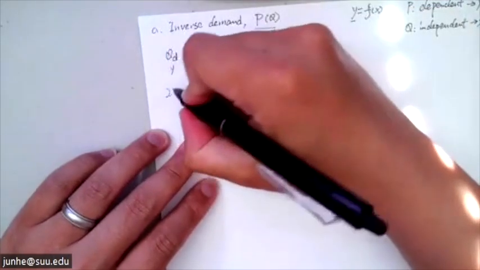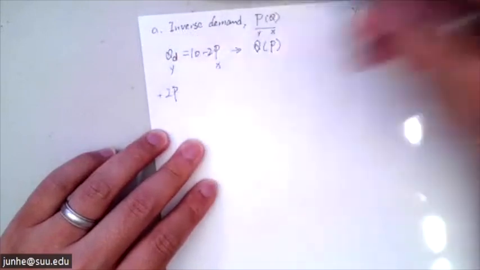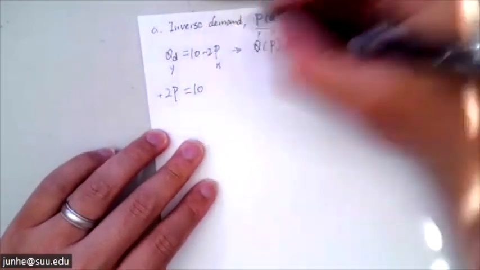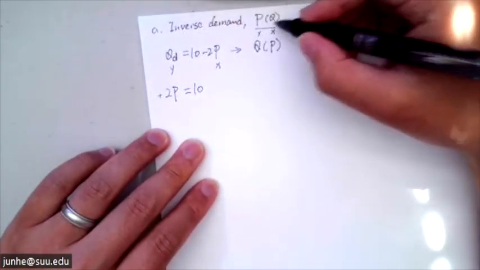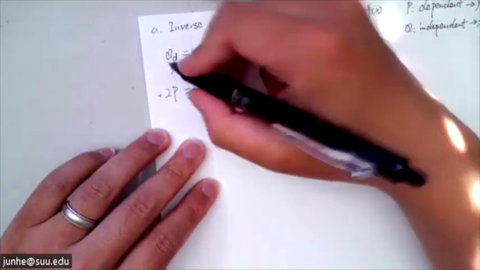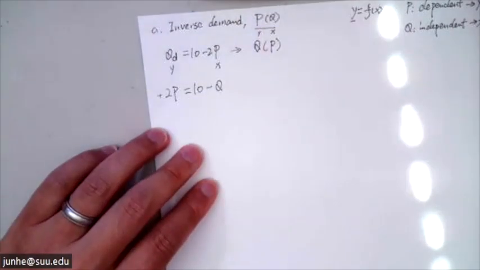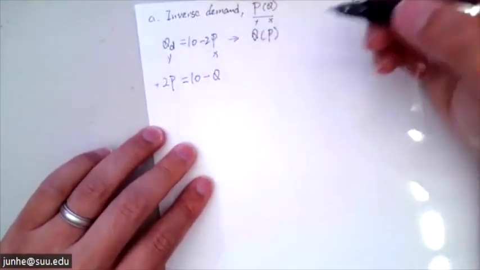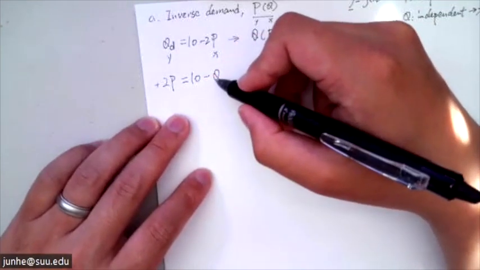It's minus 2P moved to the left-hand side, so we change the sign into positive. Equals 10, it stays here, nothing changes. And now Q being the X, X should be on the right-hand side, so QD should be moved to the other side. Here we are in the intermediate step, in which P is expressed as a function of Q.